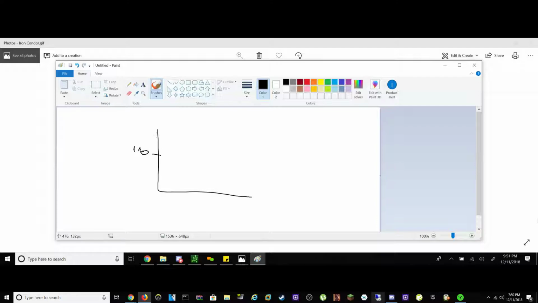I'm going to sell a call at 120. This is harder than it looks, guys. I will draw it out better for you. I just don't have a little pen thing right now. So I'm going to sell a call at 120. I'm also going to sell a put at 100.